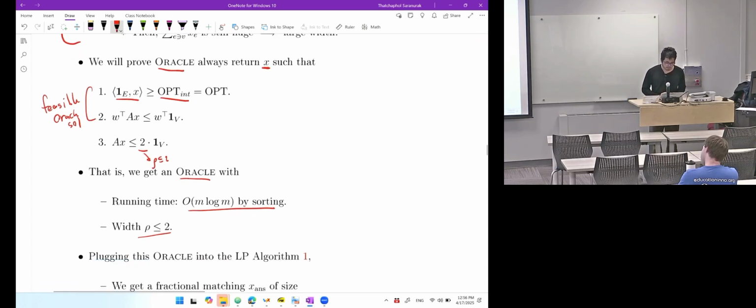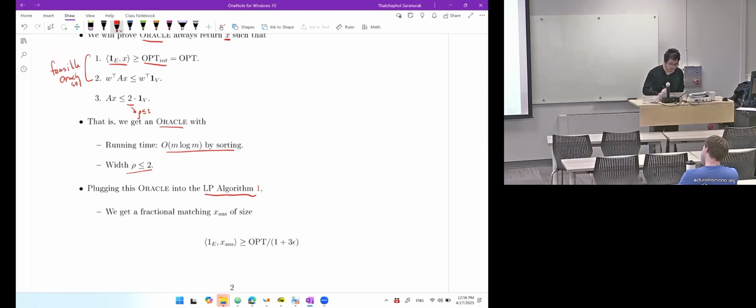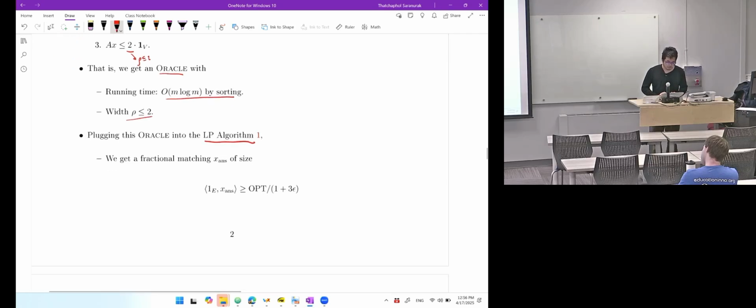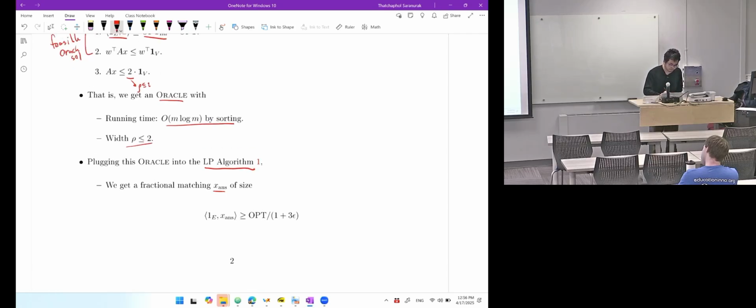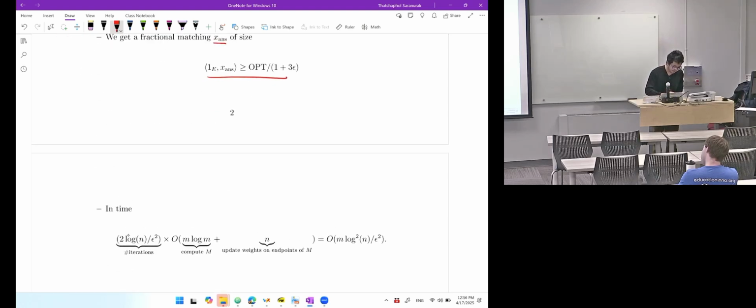All right. And so if we plug this oracle into the whole LP framework, we're going to get a fractional matching of this size, and the running time is going to be something like width times log n many iterations. Each time you compute the matching and update the weights.